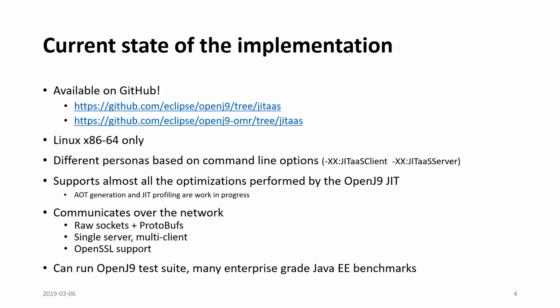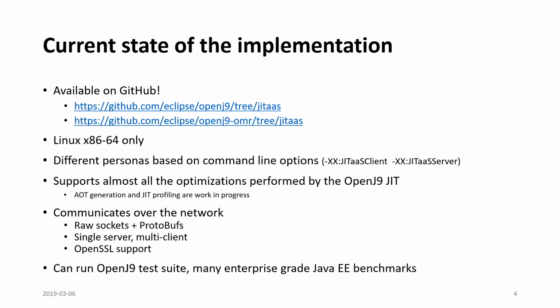Whereas if you specify the JITaaS client option, then the JVM is going to redirect those compilation requests towards a server. Currently, we support most of the optimizations that can be performed by OpenJ9, though the bigger pieces that remain to be done are AOT generation and JIT profiling. I should mention that we can do interpreter profiling at the moment, so that's supported.